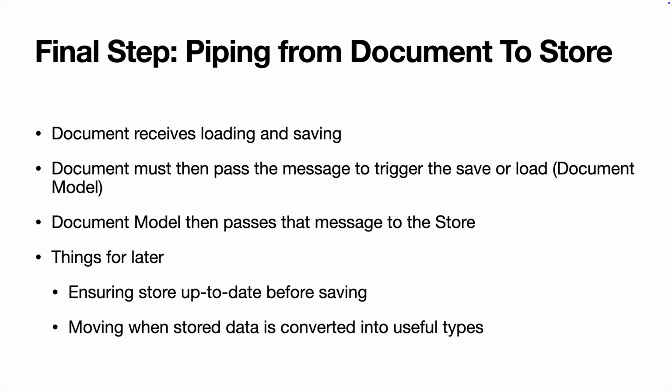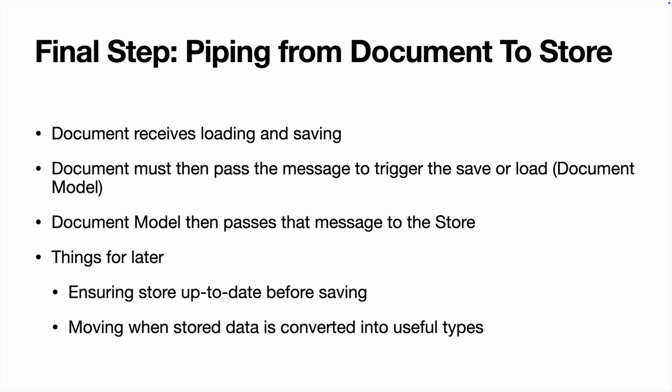If the document gets one of these commands to load or save, it needs to pass that message along to trigger the save or load. In other words, it has to talk to the document model because that's its path to get to the memory store. The document model will then pass that message to the memory store, and it will either load or save it. That's a really quite simple approach.